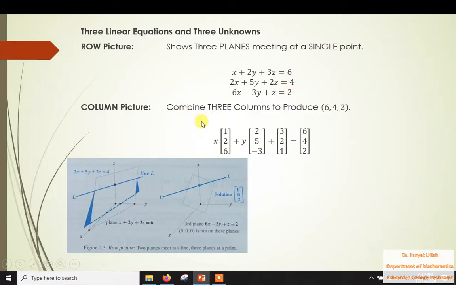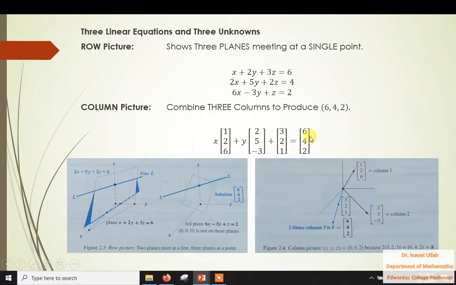So combine three columns. What is the column picture of these three equations? The column picture of these three equations is just like that one, and it represents that the linear combination of three vectors or three columns produces a single vector, 6 4 2.